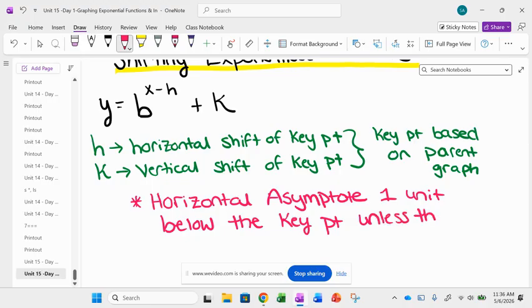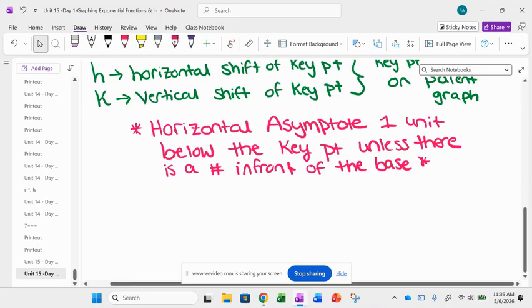unless there is a number in front of the base. I will never give you one where there's a number in front of the base, but this is something we should know.